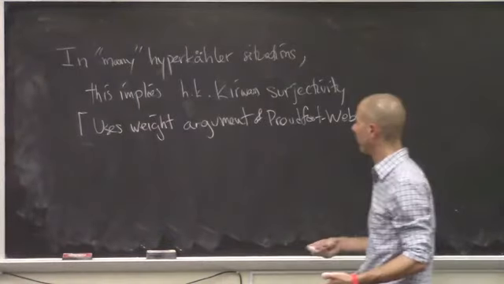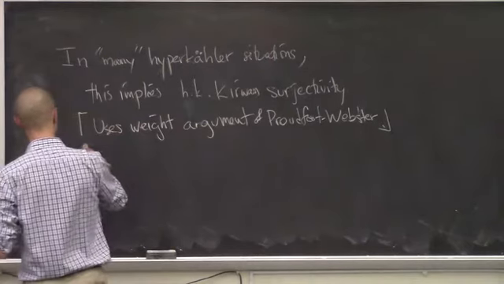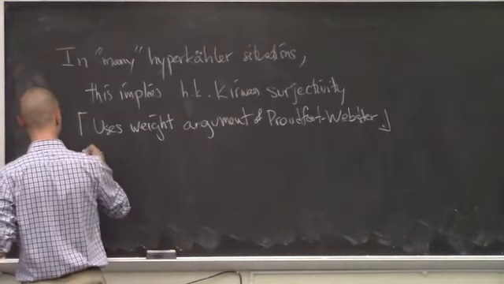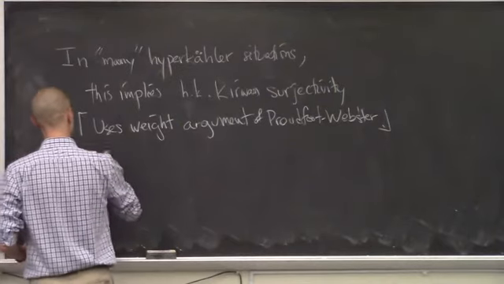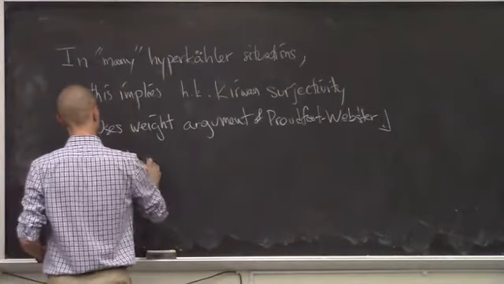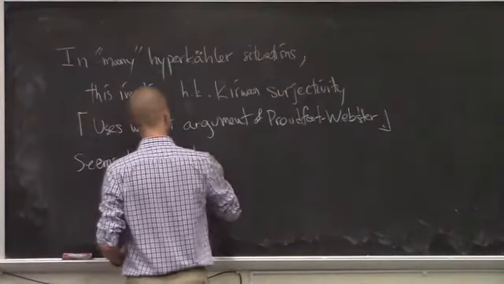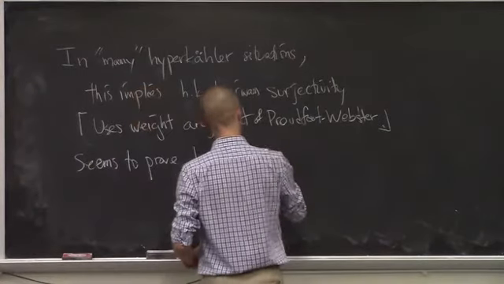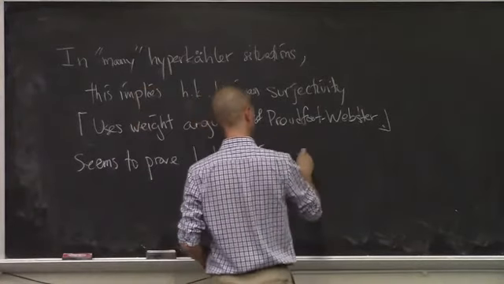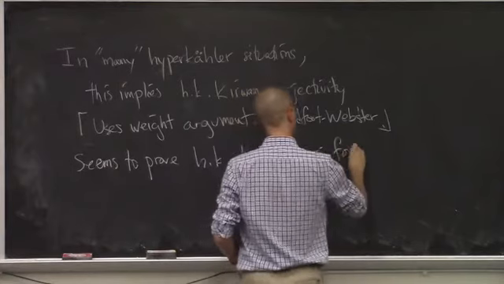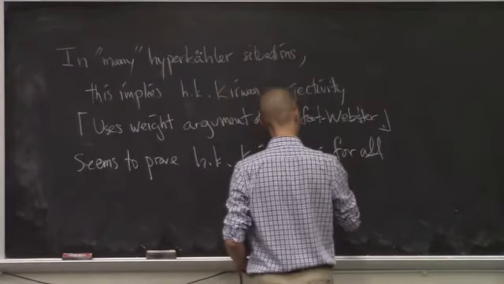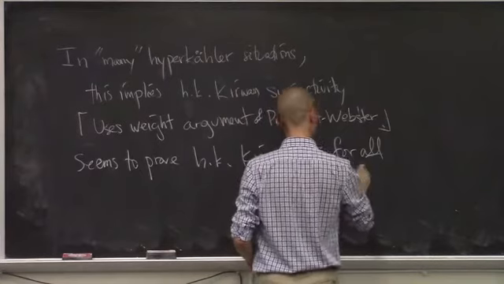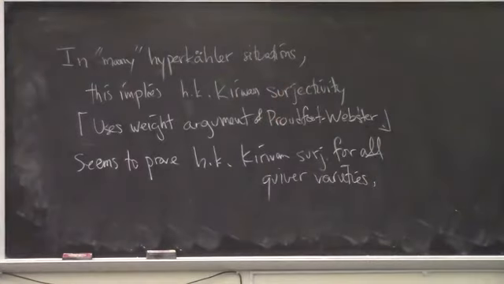But assuming there are no problems, it seems to prove this hyperkahler Kirwan surjectivity for quiver varieties, for all quiver varieties, which, as far as I understand, was far from being known before.